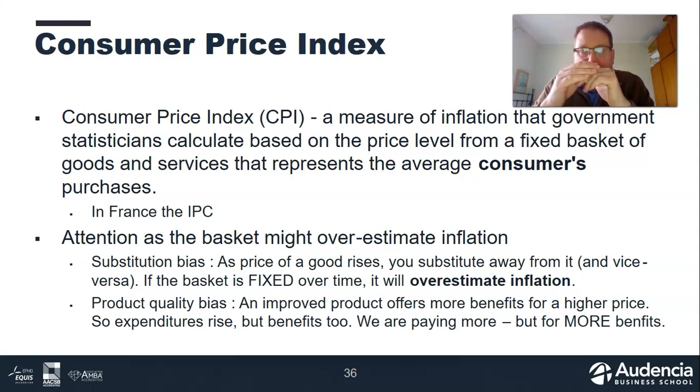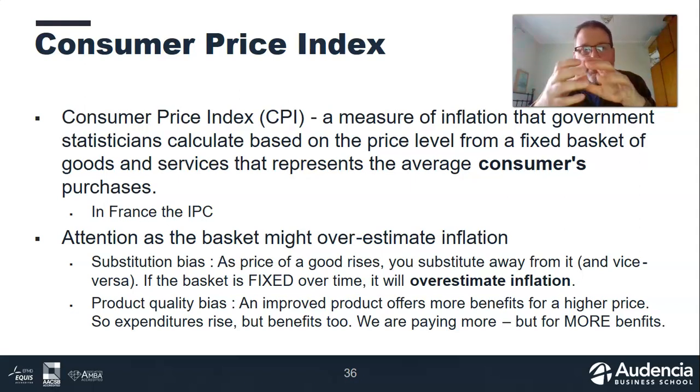When you have a phone, prices are rising, but the features in your phone are also getting better. So product quality can rise, and as product quality rises, prices are getting higher as well. So we're paying more, but we're getting more benefit. It's not really the same product.